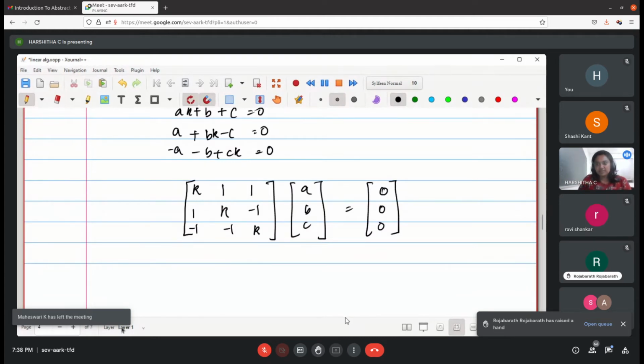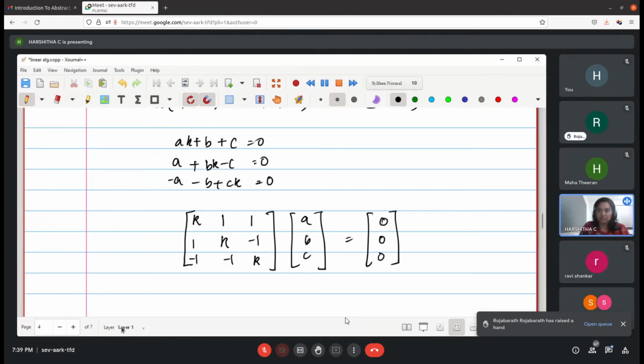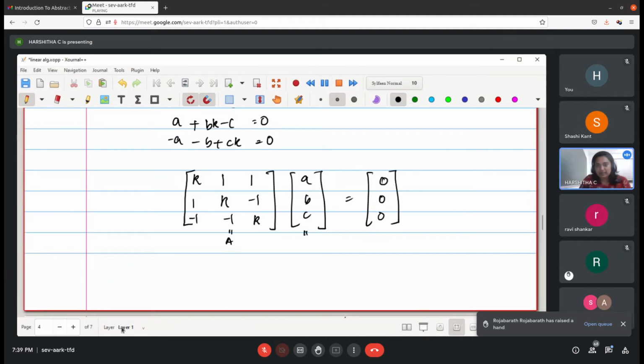Okay. So what does this mean? This matrix, when you multiply with some non-zero vector, is giving the zero vector. Which means that the matrix cannot be invertible, right? That's just the theory of basic linear equations. If we call this matrix A and this vector x, with Ax equal to 0, since x is not the zero vector, Ax equals 0 has a non-trivial solution.